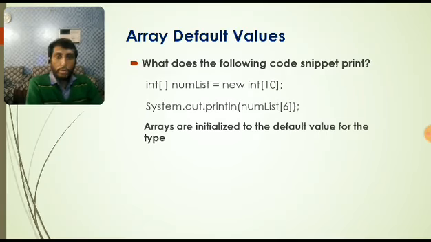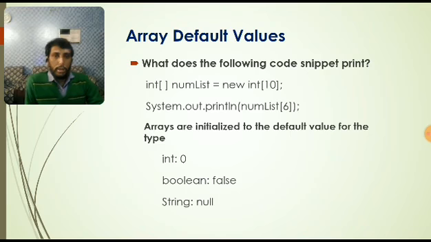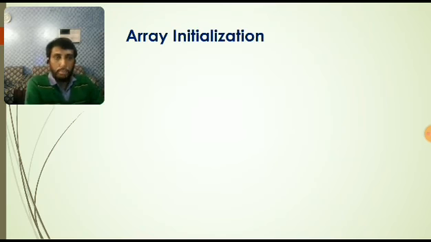Now we are going to print numList[6]. So whatever data is there on position number 6 will be printed. So default value of the array: int will be 0, boolean will be false, and string will be null. These are the default values displayed when nothing is passed.